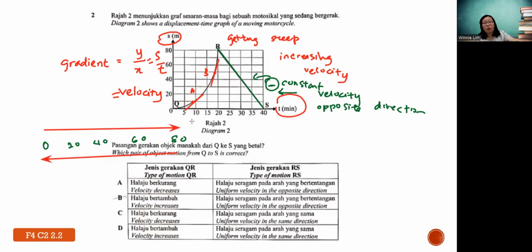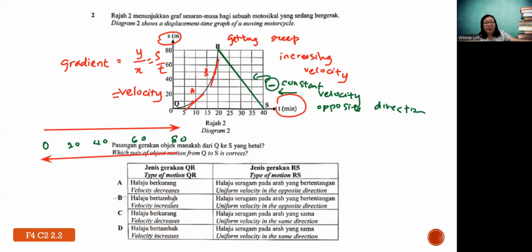At 80, it stops and then it reverses and goes back to 0. Negative has a few meanings in motion graphs. One is direction, and another one, if it is a velocity-time graph, it can also mean slowing down.